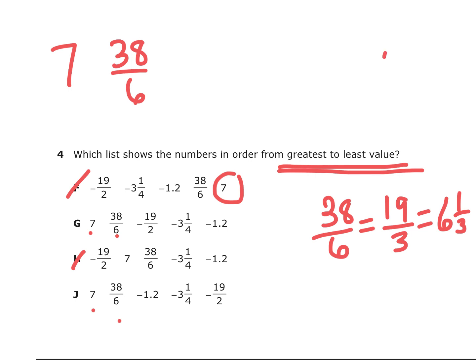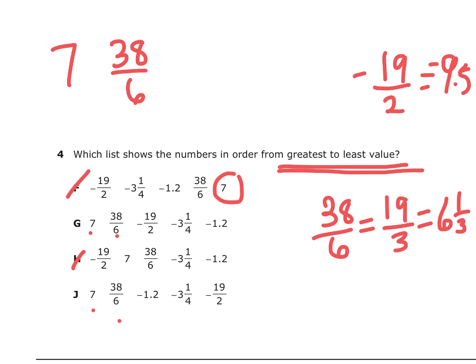Well, negative 19 halves is the same thing as negative 9.5, since 19 divided by 2 is 9.5. So which one is larger? Negative 9.5 or negative 1.2?